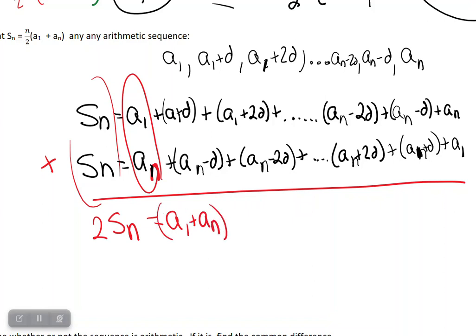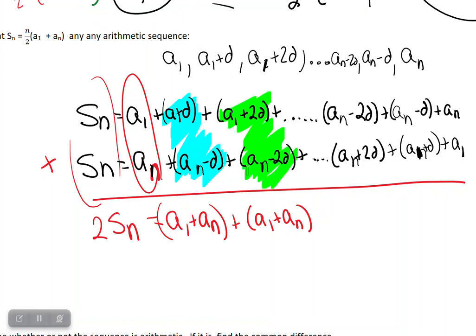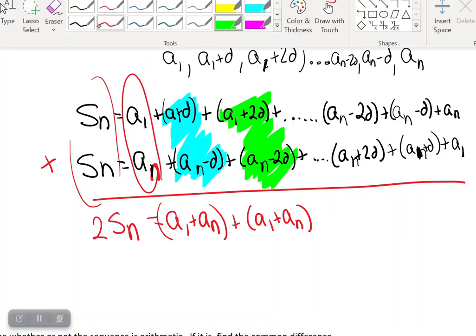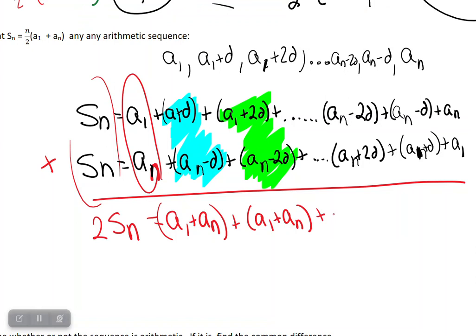And then notice what's going to happen right here. The d's are actually going to cancel out. So I'm left with a sub 1 plus a sub n. And then when I get to the next one, this plus this, those two d's will cancel out as well. And we're going to be left with a sub 1 plus a sub n, and then dot, dot, dot, however many times that happens.